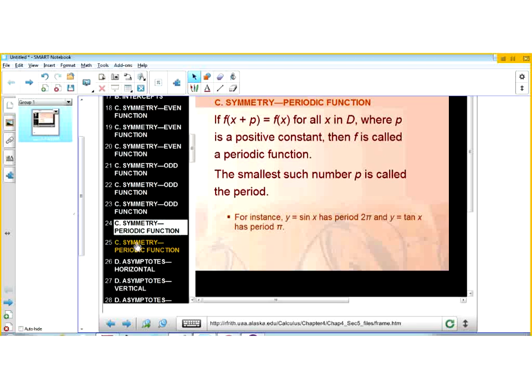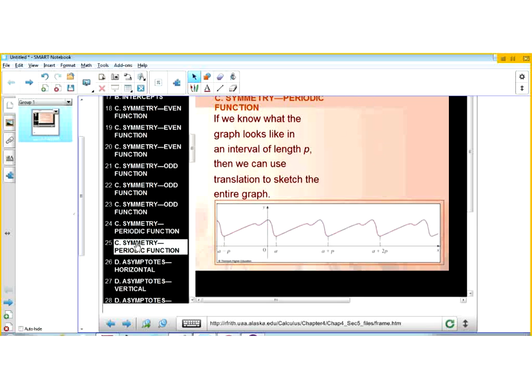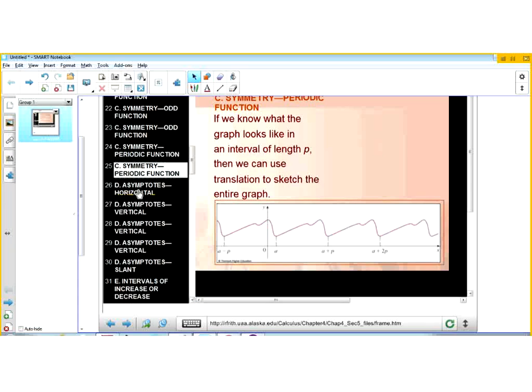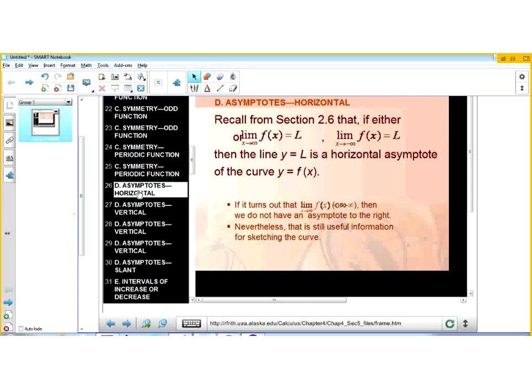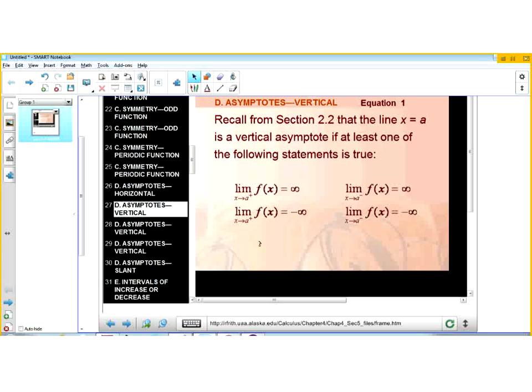Okay, and so symmetry of periodic functions. All right, and then horizontal asymptotes, of course, are found by taking limits as x approaches infinity and seeing if the function converges to a distinctive output. We know how to find vertical asymptotes by taking limits as x approaches some finite number and observing the output going toward plus or minus infinity.